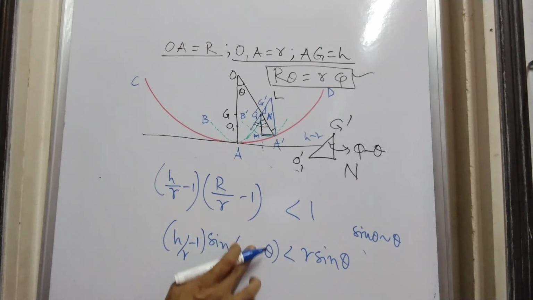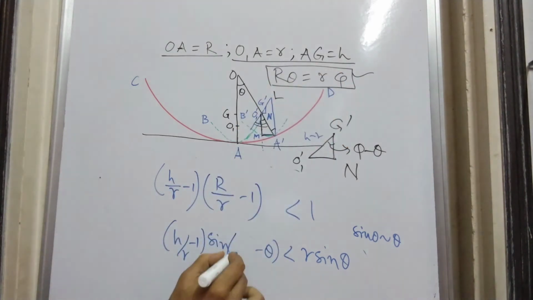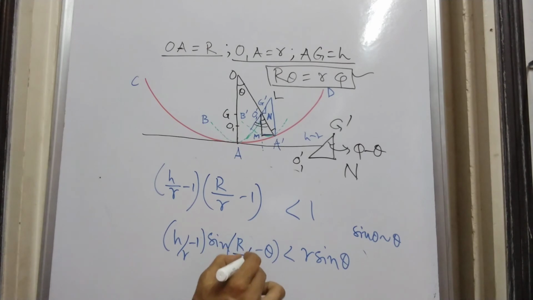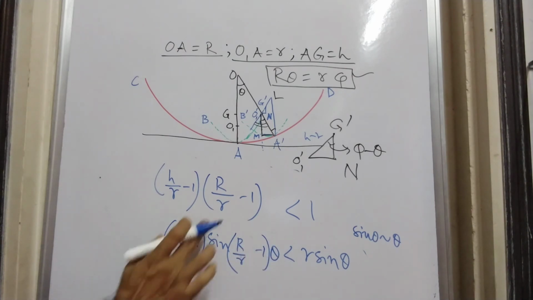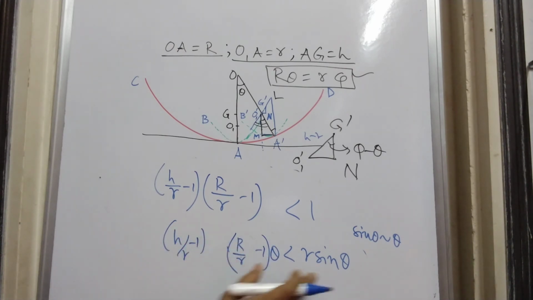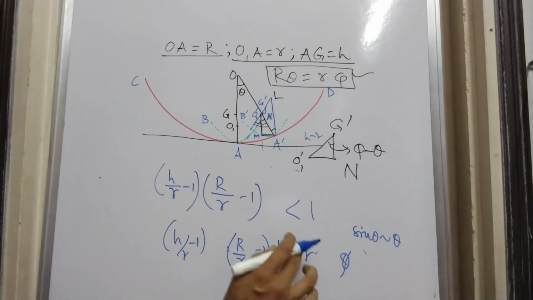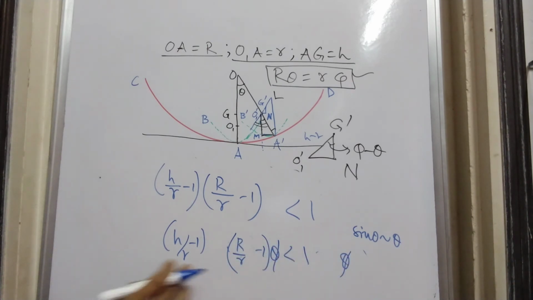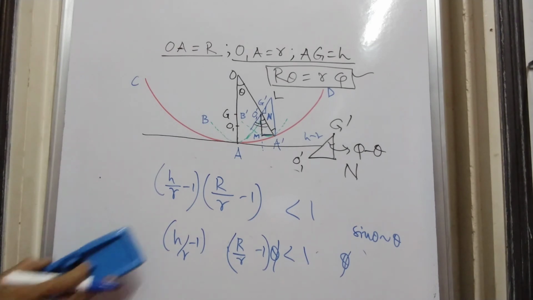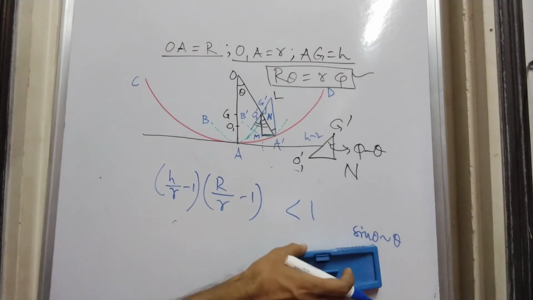And here we have substituted in place of phi here R by r into theta, and we have taken this theta common, so it becomes this, and then we have replaced sine theta by theta only, and this theta cancels out, and there is 1, and we have arrived at this relation.